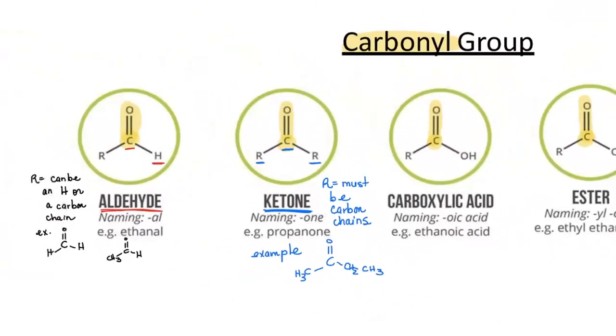The next member of the carbonyl family is going to be a carboxylic acid. And when it comes to the carboxylic acid, the C double bond O is bonded to OH to one side, okay? In carboxylic acids, the R group can be hydrogen or a carbon chain.